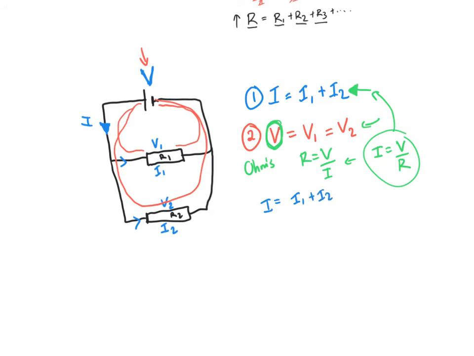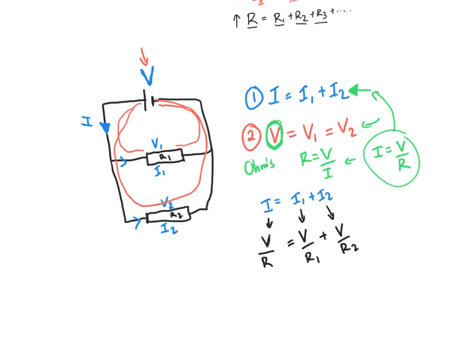So I will be total EMF divided by total resistance, which is equal to the EMF or total potential difference over resistance 1 plus total EMF over resistance 2. I will do the same thing.